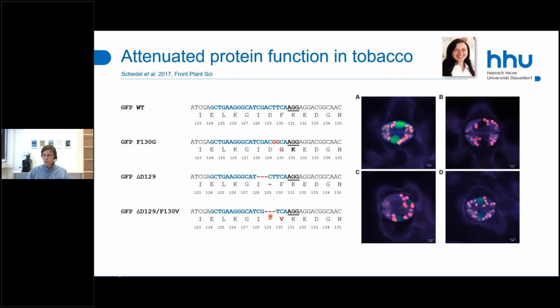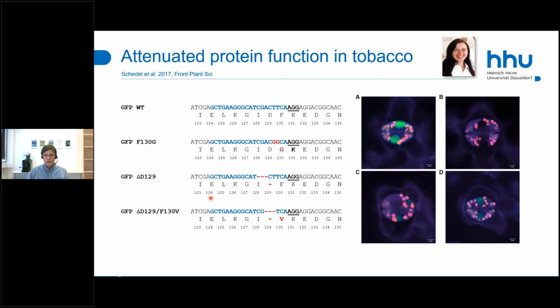The same holds true for another mutant. This also has a -3 deletion, but since it's at a different position, we have not only the deletion of 1 amino acid, but in addition a change of 1 neighboring amino acid, which also led to a different fluorescent outcome.